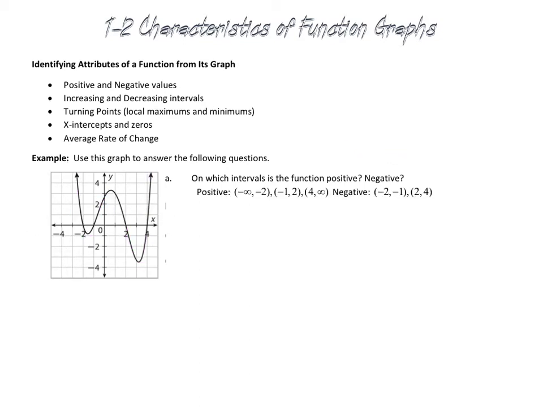It's positive from negative infinity to negative 2, and from negative 1 to positive 2, and from 4 to infinity. And I put soft brackets on all of those because when it actually hits that value, it's 0. And at 0, it's not positive. It's neither positive nor negative, so it's not inclusive. It's negative from negative 2 to negative 1, and from 2 to 4.